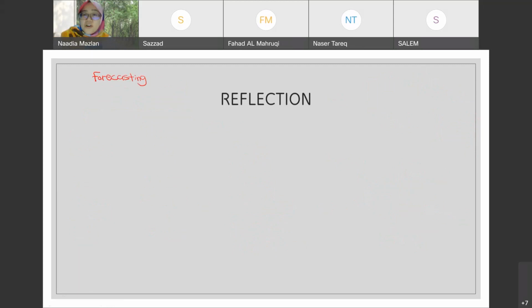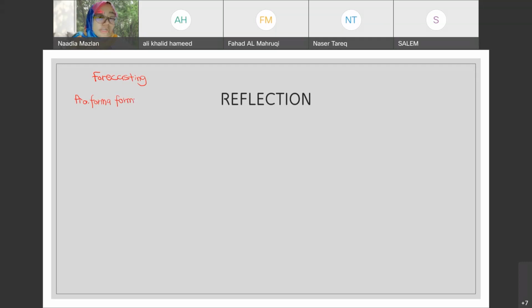In forecasting, we look at the future by estimating what we can get, and how we plan our financial budget for the next year or for the next 5 years. Usually it's for next year only. The most important thing in forecasting is the pro forma form.